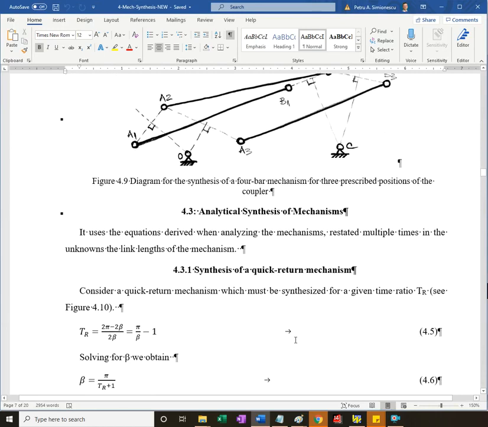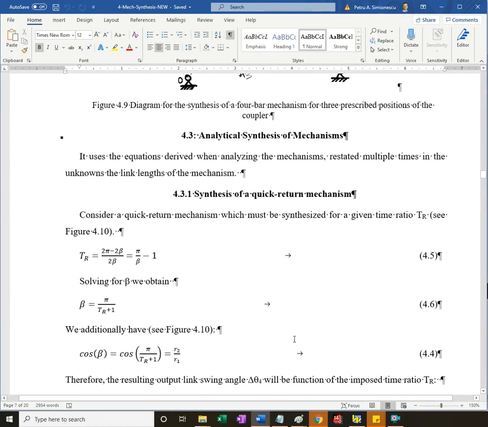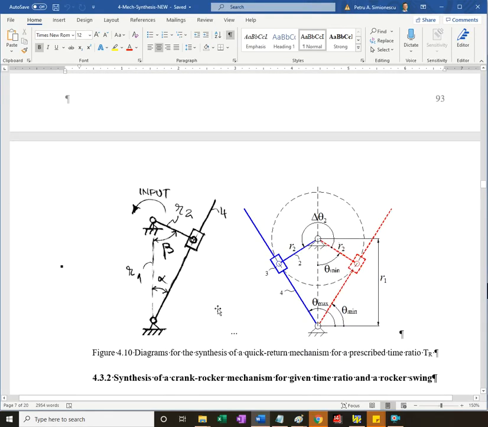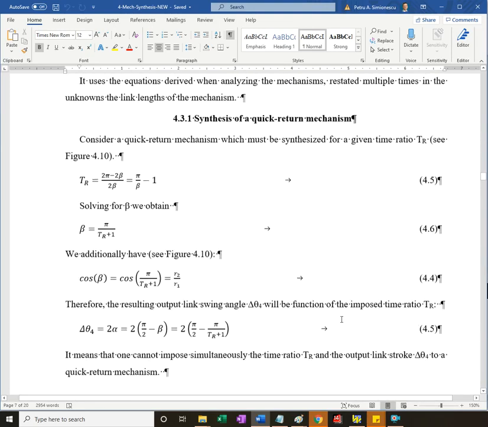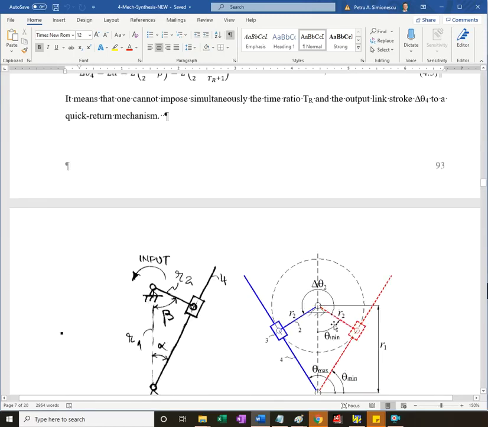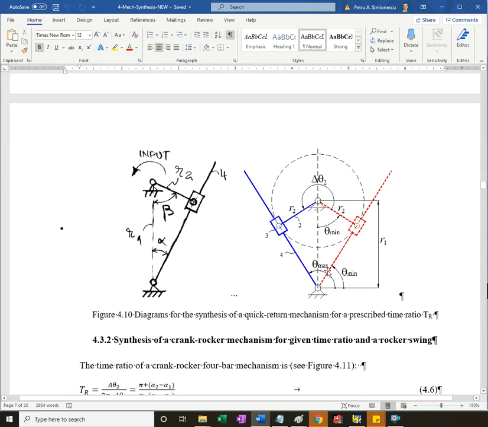Analytical methods. This is where we write equations. One example that we analyzed for displacement and time ratio was the quick return. There we had the link lengths, and actually it was enough to know the ratio between R1 and R2 to tell the angle of swing and the time ratio.